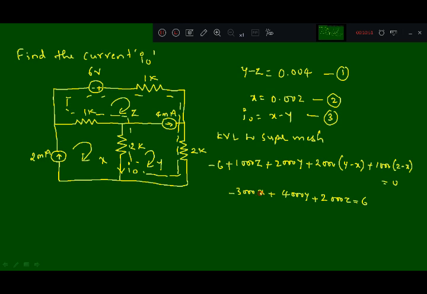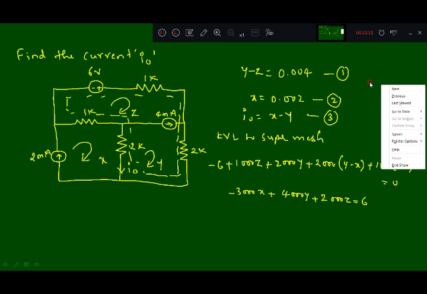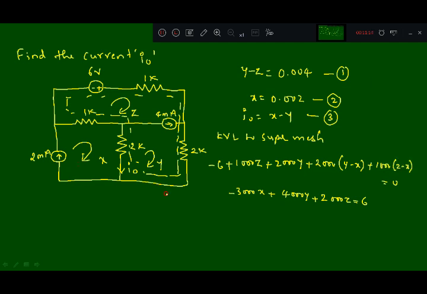We know the value of x. You substitute here, then you will get one more equation: here it is minus 6 plus 4000 y plus 2000 z is equal to 6.